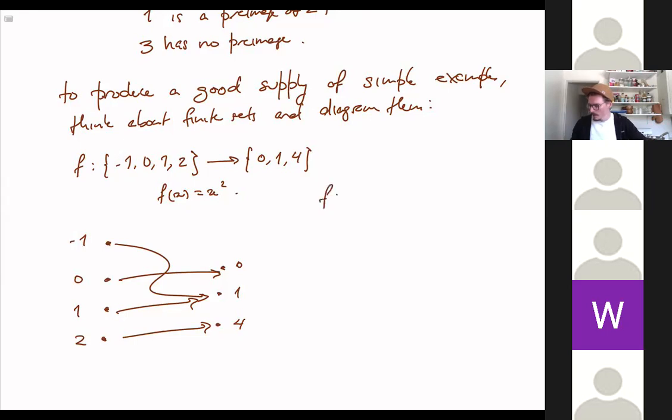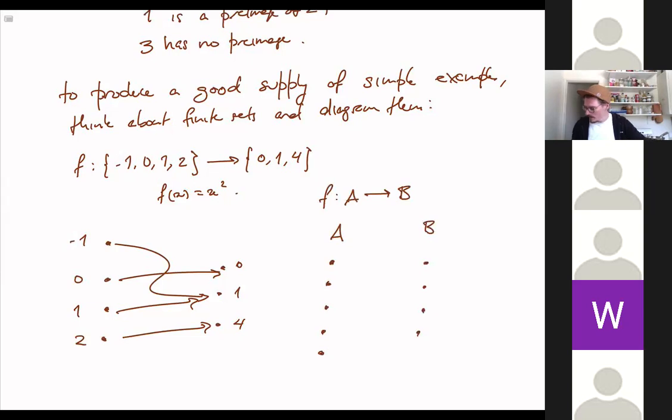So let me do this example now. So let's say we have a set A with, I guess I gave it 5 elements. Let's give it 5 elements. And we have a set B with 4 elements.